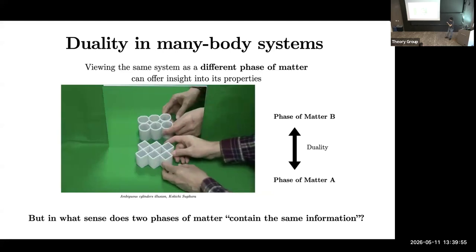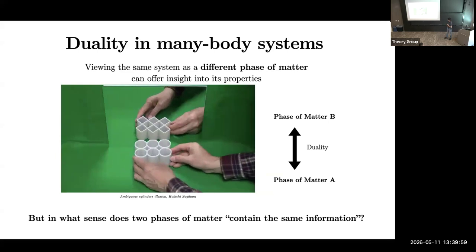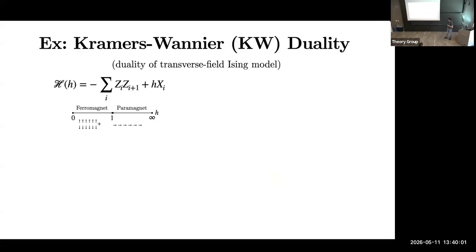So this will come into the context of the transverse-field Ising model as follows. Let's consider this Hamiltonian, where there are two competing terms. One is a transverse field term, which tries to pin all the spins in the plus direction, so they all point to the right.